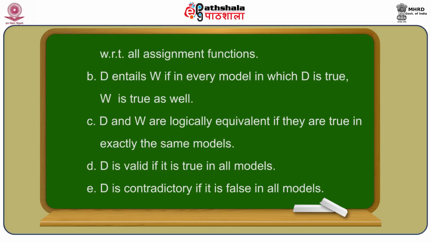Delta and omega are logically equivalent if and only if they are true in exactly the same models. Delta is valid if and only if it is true in all models. Delta is contradictory if and only if it is false in all models.